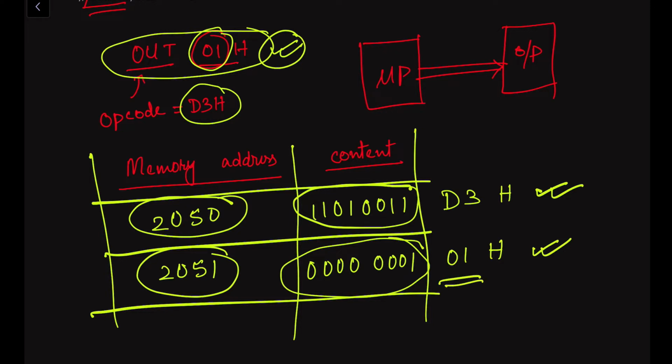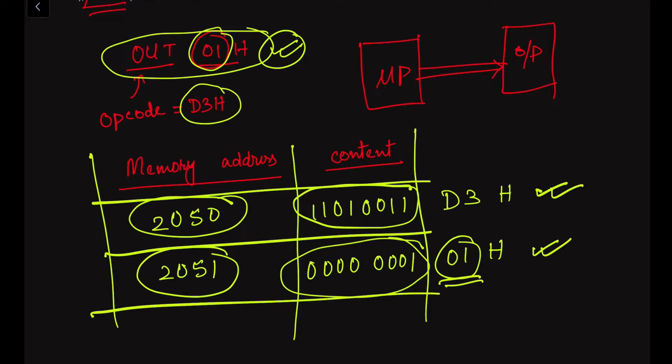This is the address, not the data. Whatever is the content of the accumulator will be the data written into the output device. This 01 is the address of the output device. You have to be clear about these two points.